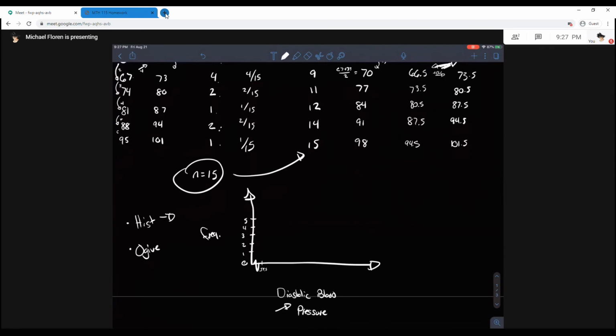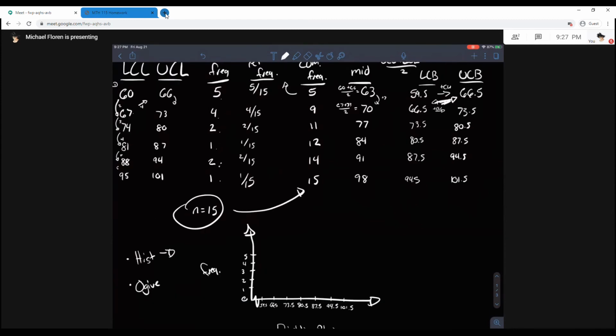Guess we can give it a little more range than that. And then 73.5, 80.5, and so on.